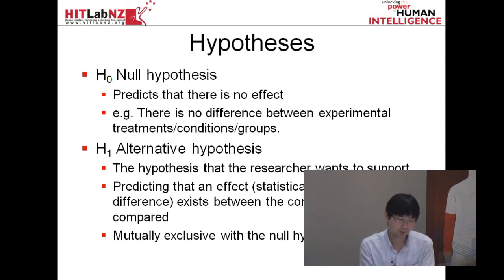So that's why scientists came up with this slightly complicated situation: the thing you really want to support is called the alternative hypothesis, and the logical negation of that hypothesis is called the null hypothesis, which you disprove through your experiment so that you support your alternative hypothesis.